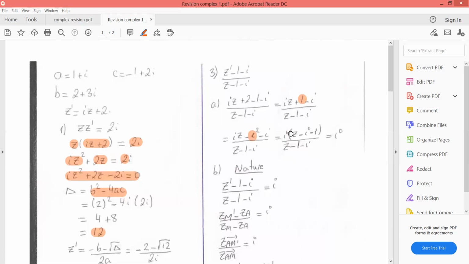We take i common. If we take i common, we have z minus i minus 1 over z minus 1 minus i. This and this cancel. We get equal i. So i is a constant, a number. There is no z in it. This is what we mean by constant.